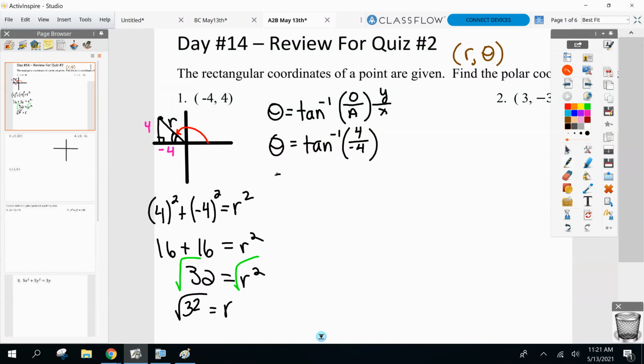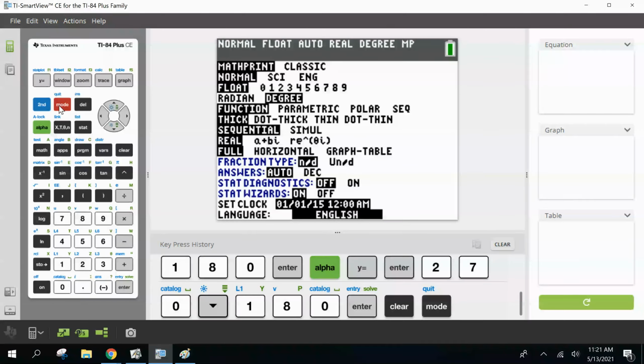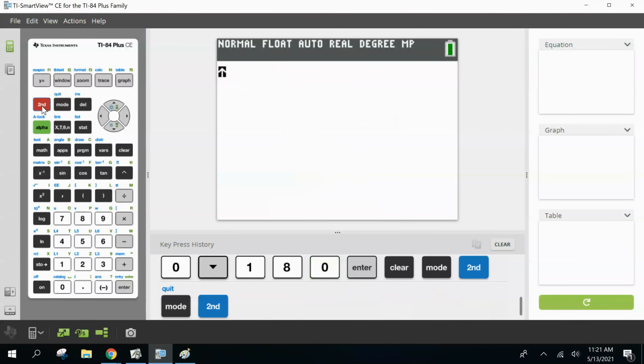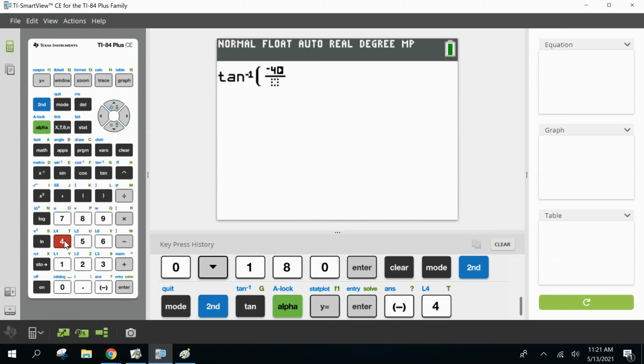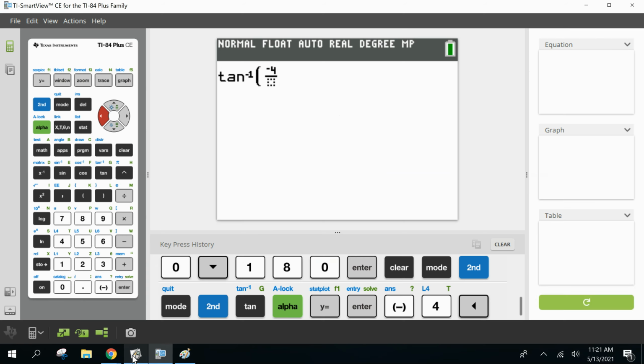All right, everyone go to their calculator now. Make sure you're in degree mode. Am I in degree mode? Yep. Second tangent. +4 over -4.